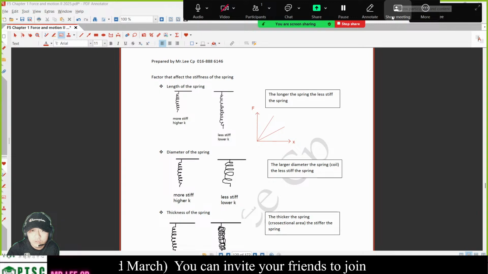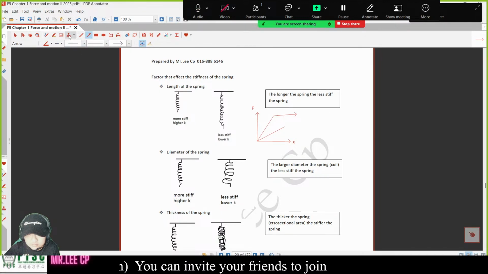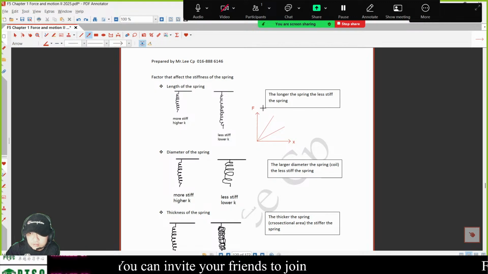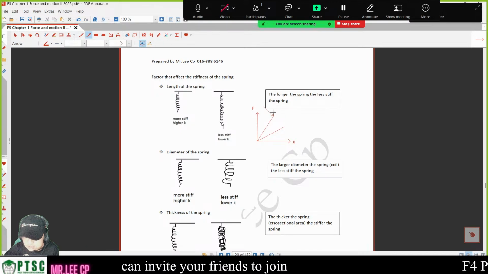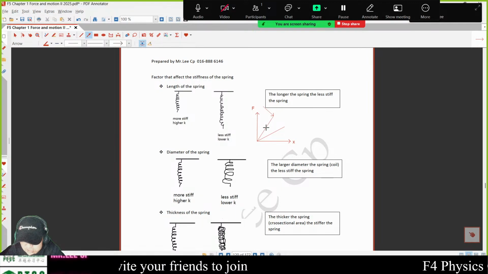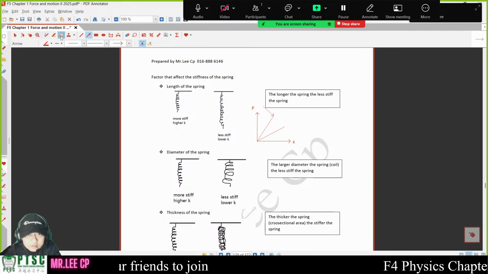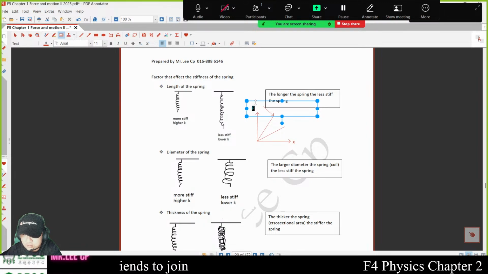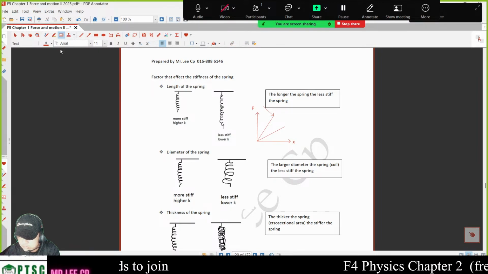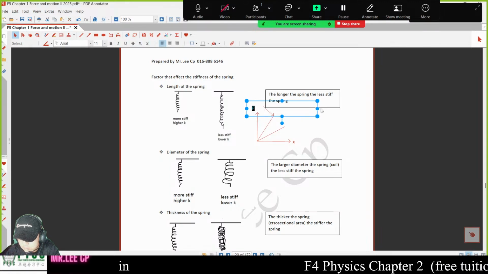So you got this. The spring, is it long or short? This one is stiff. The gradient is high, so it is stiff. So it is short.